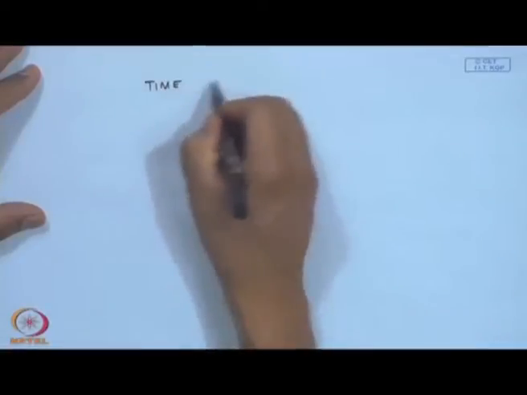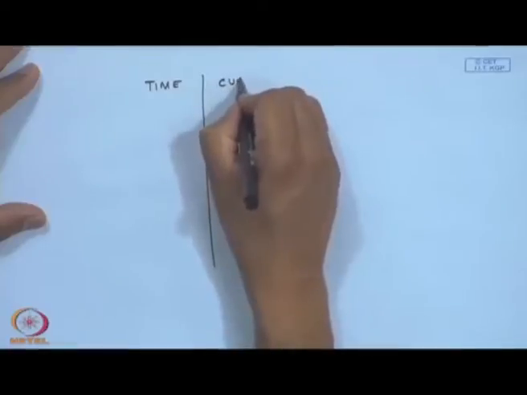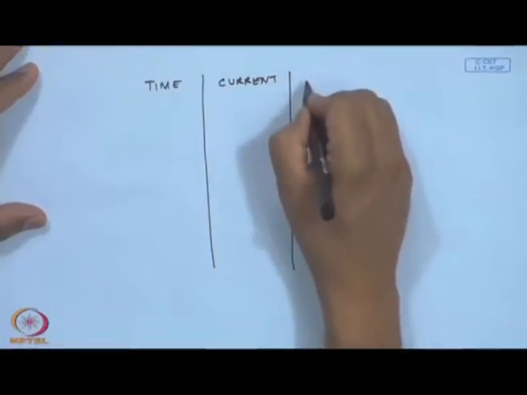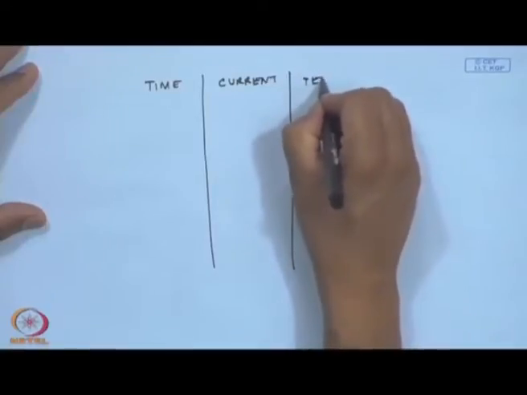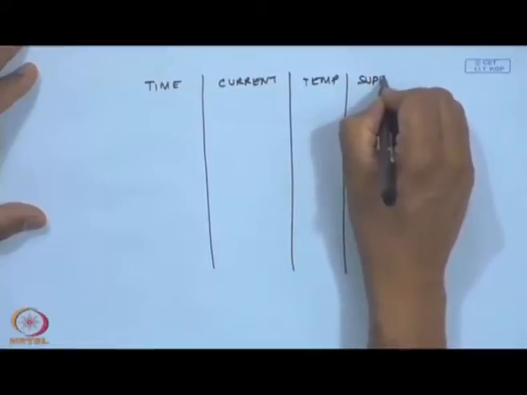As a function of time, they would note down the parameters like the current drawn by a motor, maybe the temperature of the bearing, maybe the supply voltage.